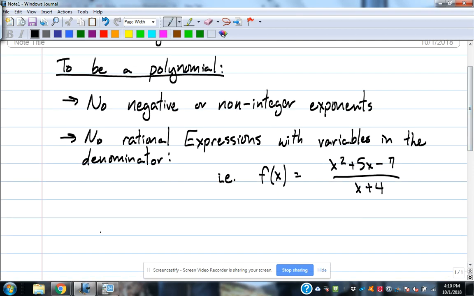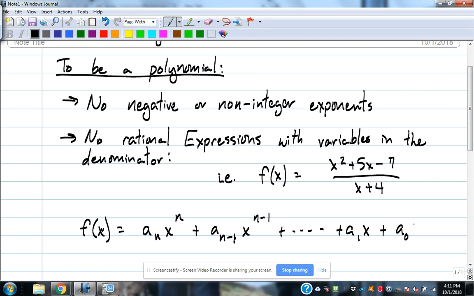Polynomial functions, the generic form of that that you'll see in definitions throughout the world uses this funky notation where we have a sub n and then x to the nth power, and then the next term would have a sub n minus 1 and x to the n minus 1 power, and you would keep going like that until you ended up at a sub 1 x to the first power plus a sub 0.